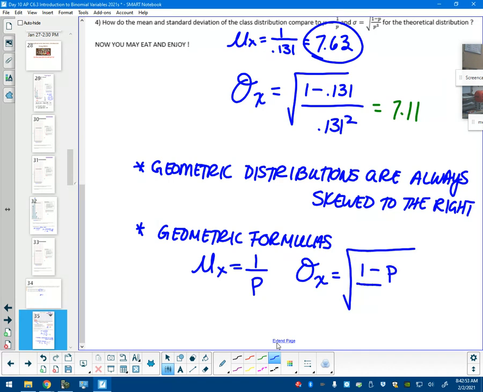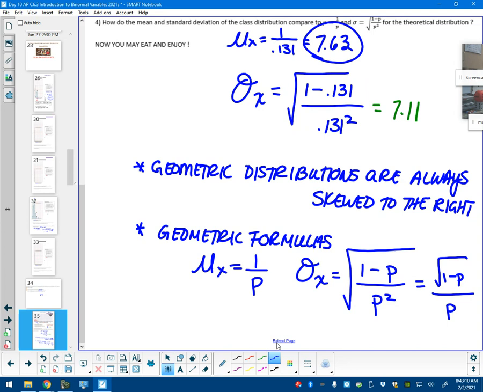I wrote it like this, but you can also write it like this. And that's what's on your sheet. Does that make sense to everybody, that you can simplify the denominator? So those are the geometric formulas.